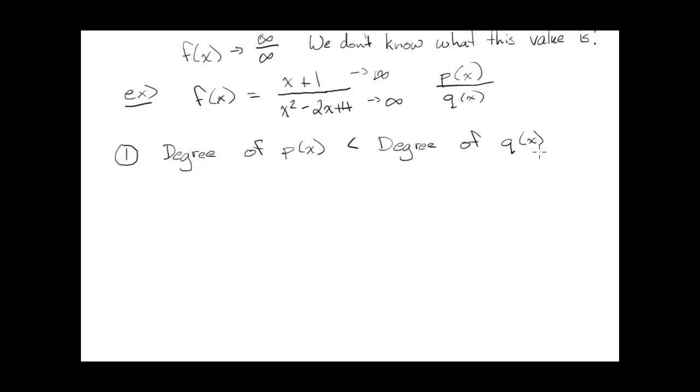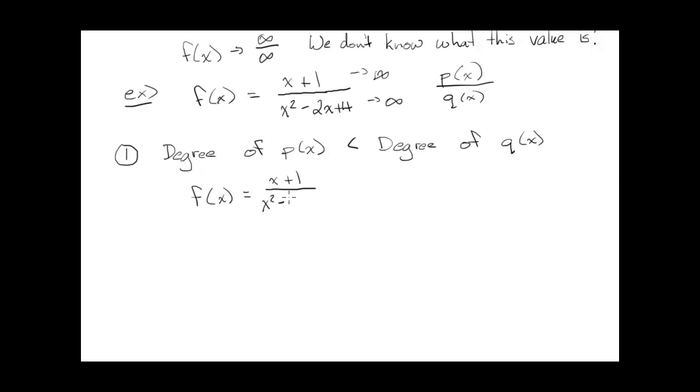So the denominator has a bigger degree. So what's happening? There are a few different ways you can get at this result, but it just requires a little algebraic manipulation to see what's going on.